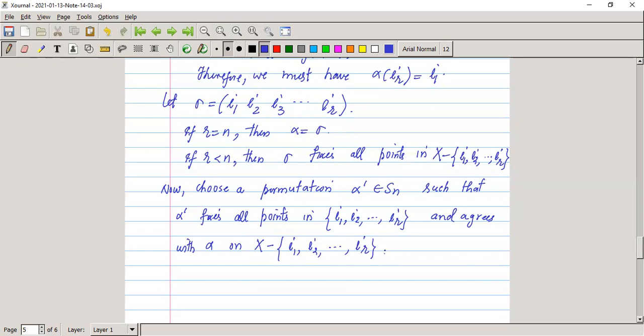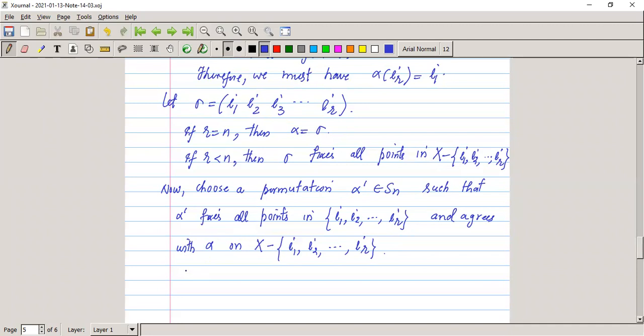So this means that whatever is the image of points in this set under alpha, the same image is given to the points under alpha dash, but alpha dash fixes all the points in the set I1, I2, IR.